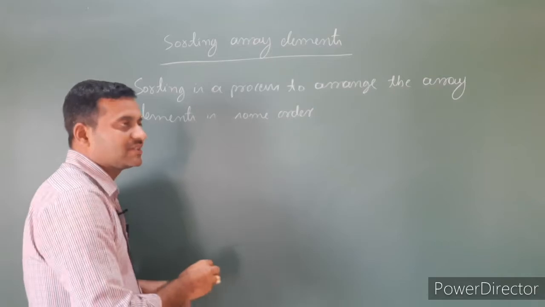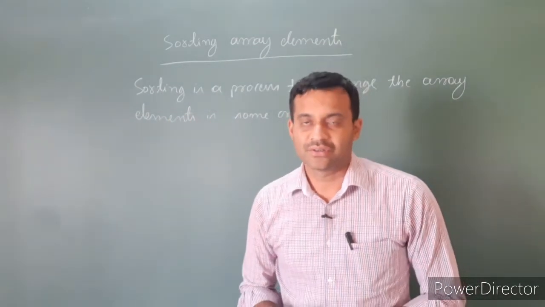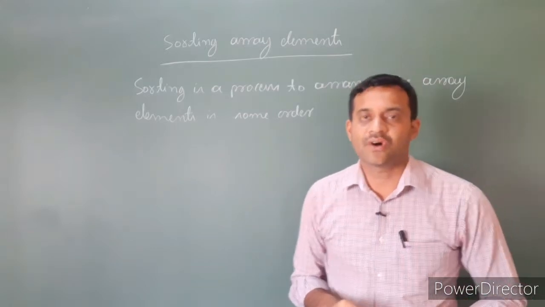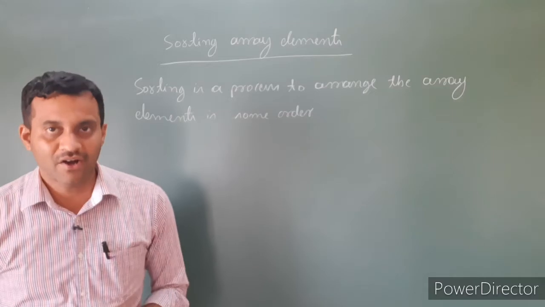Here some order means it may be ascending order or descending order. So sorting is a process to arrange the array elements either in ascending order or descending order.